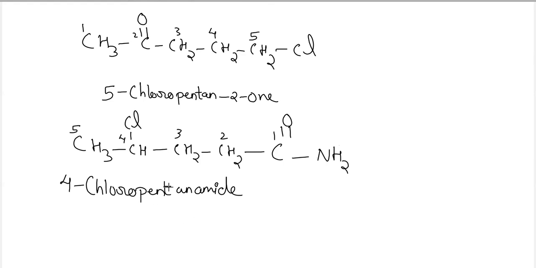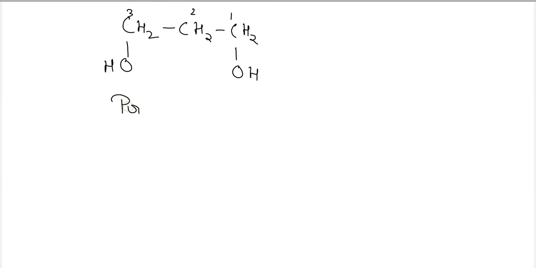Next, for compounds which contain the same functional groups but more than one in number, this type of compound will be termed as, 1 2 3, propane 1,3-diol. Di, tri, tetra, penta can all be used out here.